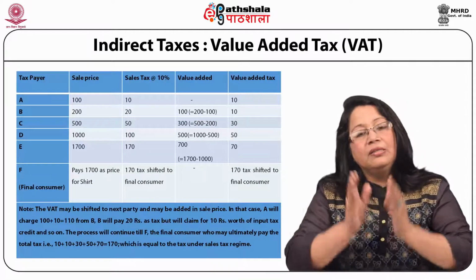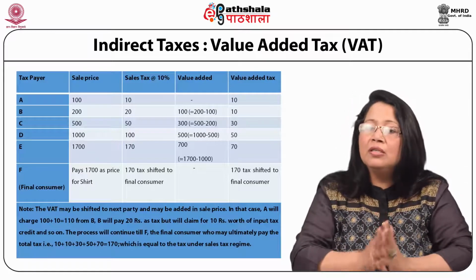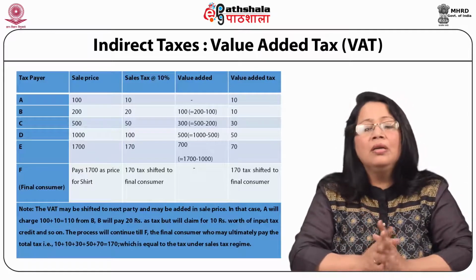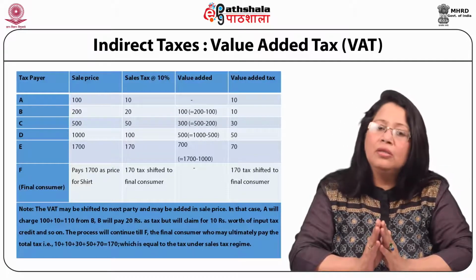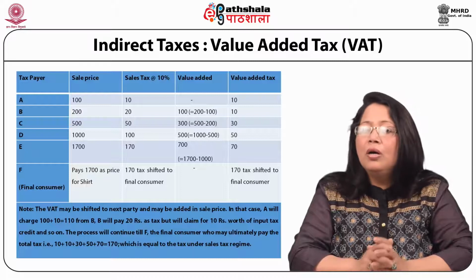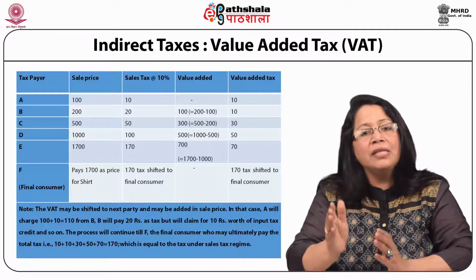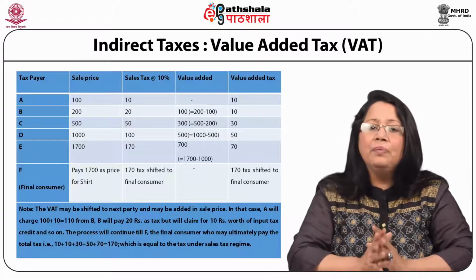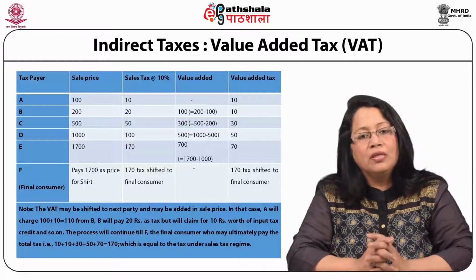And finally, the retailer manages to sell this shirt to a consumer, Mr. F, for 1700 rupees. Now, assuming the sales tax as well as VAT rate is 10% on every party involved.